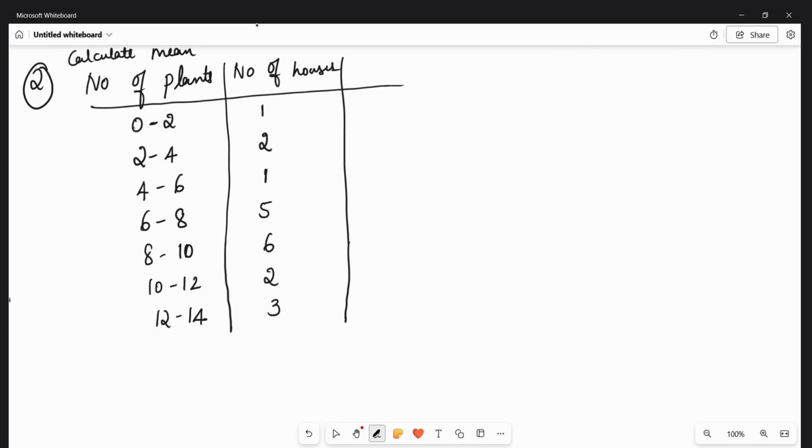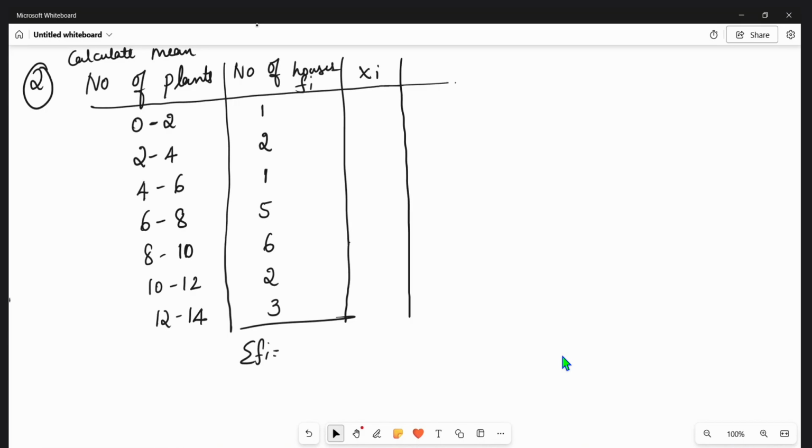Now you have to calculate the mean. Start doing this. So first thing, number of houses is the Fi. Sigma Fi how much? I hope who are doing online also got it.